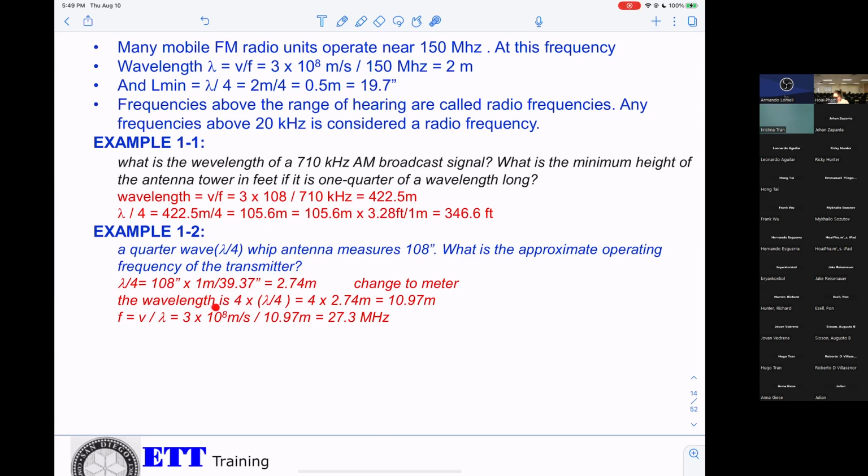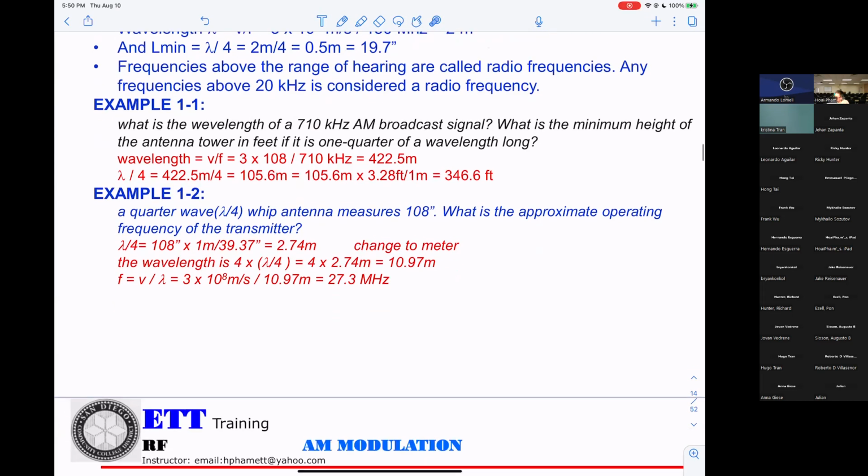The wavelength is 4 times lambda over 4, which gives you 10.97 meters. And F will be equal to V divided by lambda. You get 27.3 megahertz. That was just an example regarding the antenna.